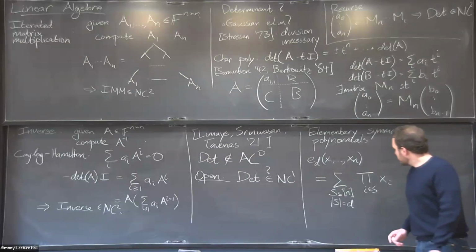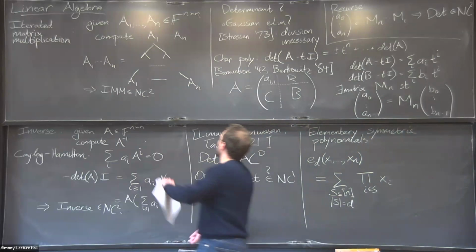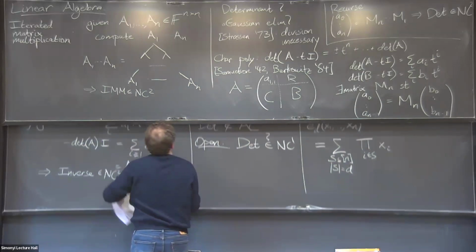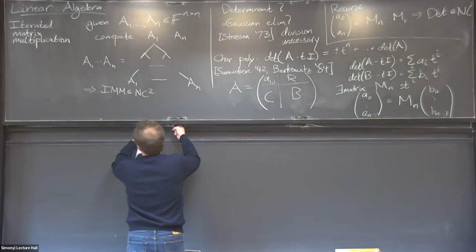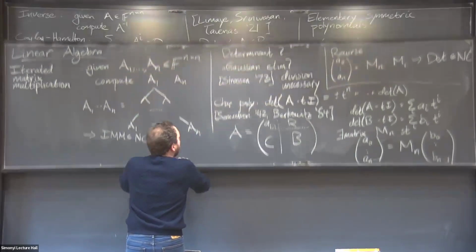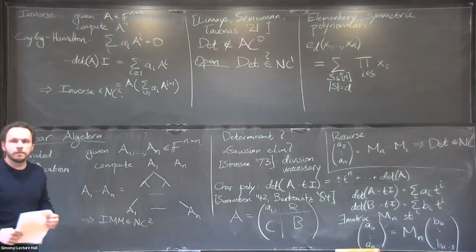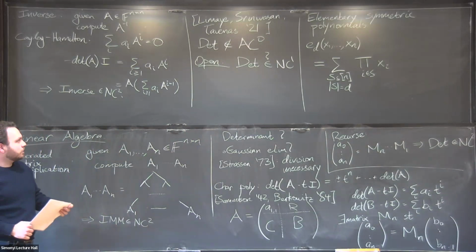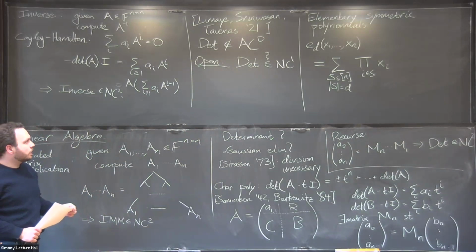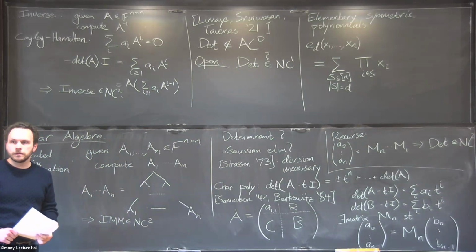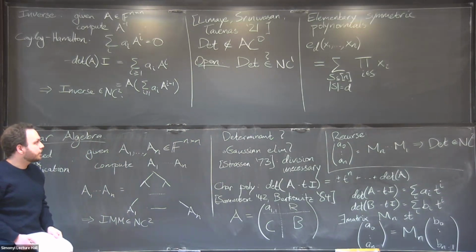Okay. So what do you think? I'm kind of spoiling the surprise. But do you think you can compute this in parallel? Can you design a formula that computes this? What do you think?